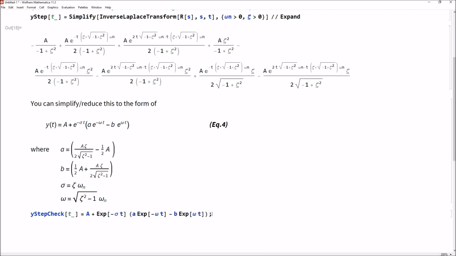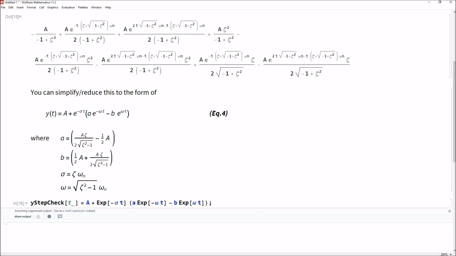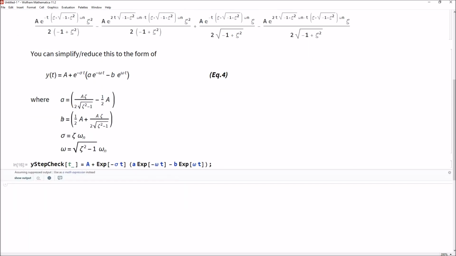Great. That's what we claim here. And now what we want to do is make our substitutions of a, b, sigma, and omega and check to make sure that they are the same. So let's go ahead and verify that y step is the same as y step check, right? That those two are the exact same thing.